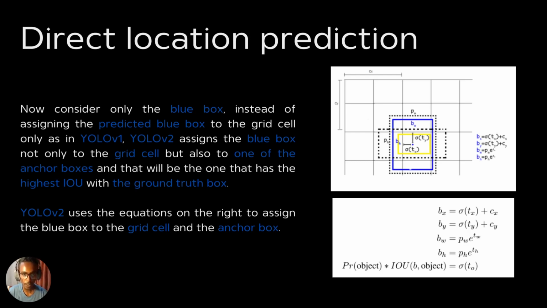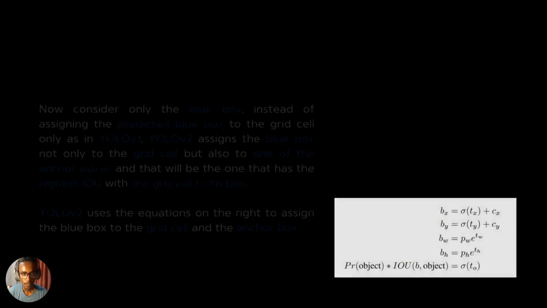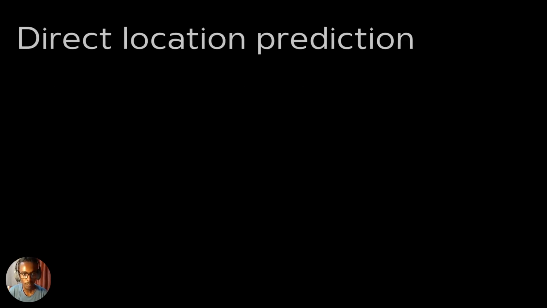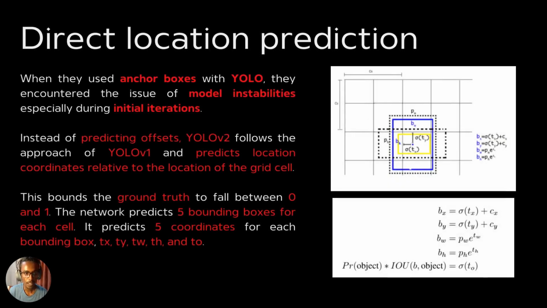Here we mentioned that there are 5 coordinates for each bounding box, tx, ty, tw, th, and to, and these are going to be optimized so that they can give us the real coordinates bx, by, bw, and bh.